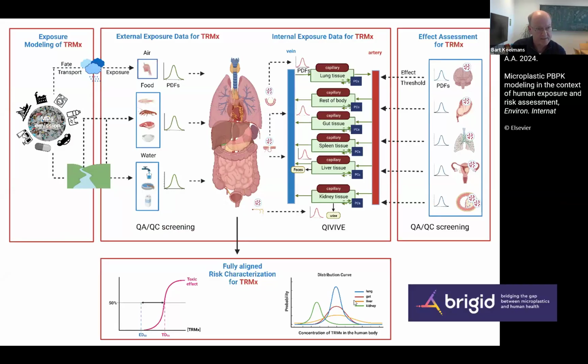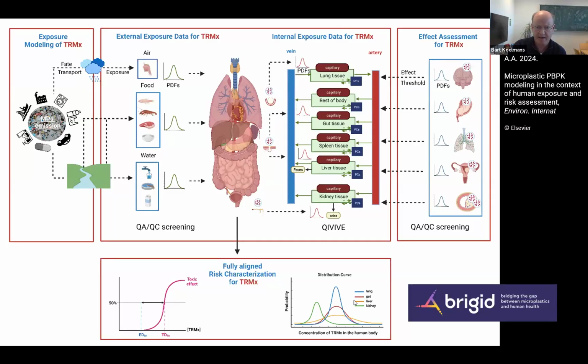On the left-hand side here, you see the sources of plastic products, and then we have wear and abrasion. It turns into small particles, it gets in the air, in the food, in the water. That's what we eat and drink, so that's the way we are exposed. And the relative magnitudes of those different fluxes from air or food, components of the human diet, is very important. And you might want to describe this via distributions.